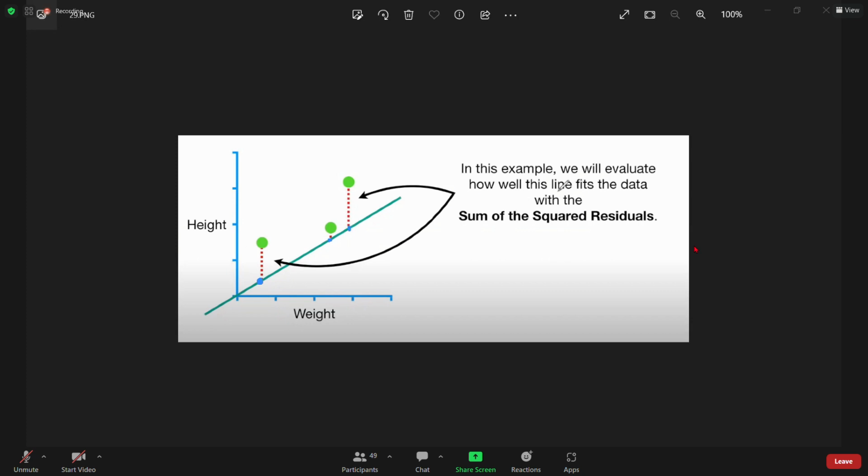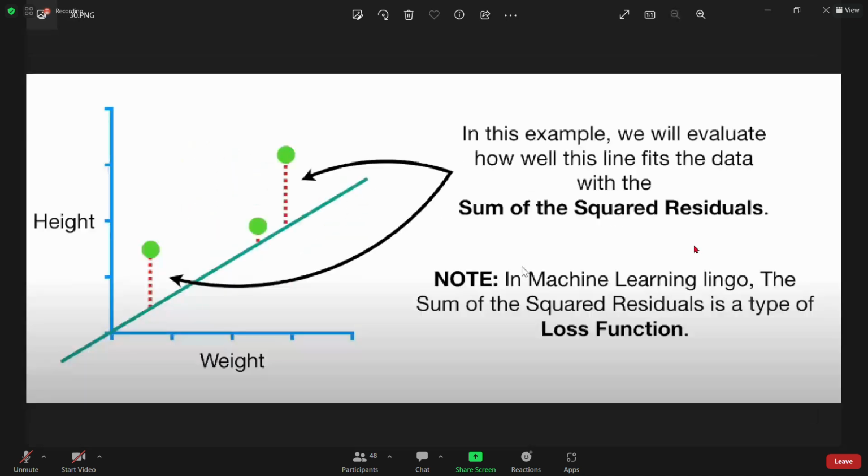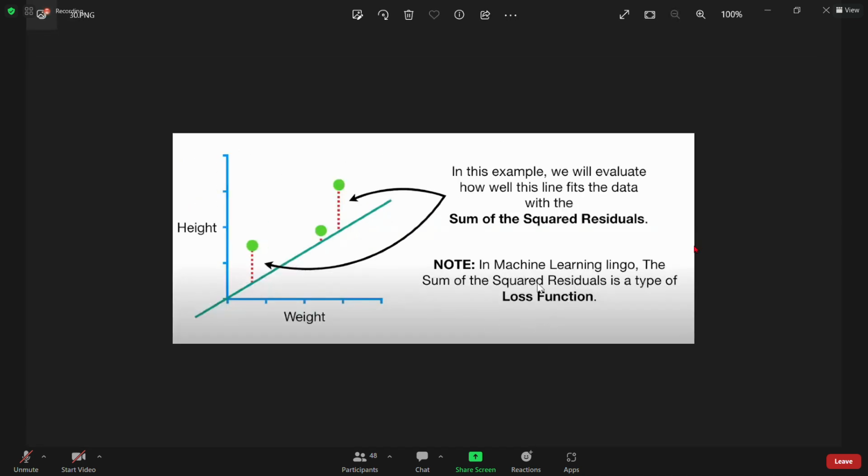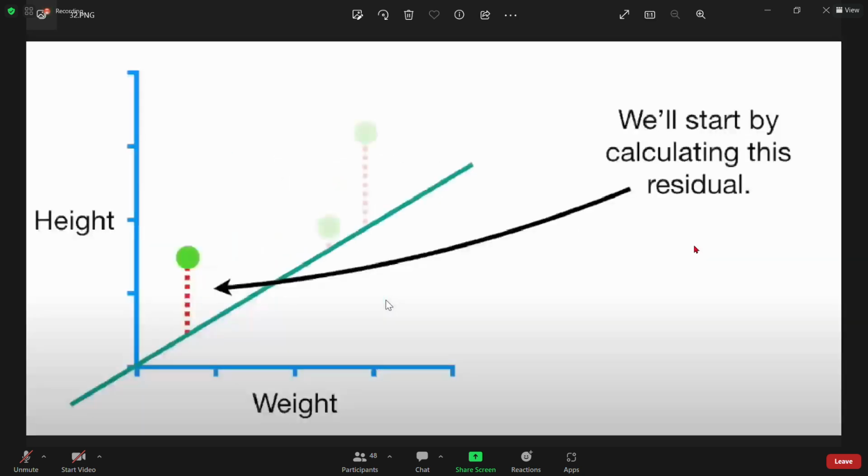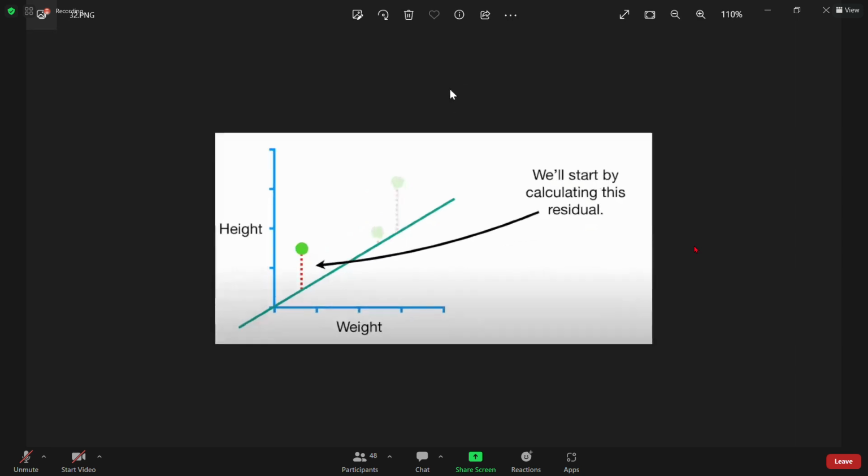In this example, we understand how the line fits the data with the sum of squared residuals. In machine learning lingo, the sum of squared residuals is a type of loss function. Now let's compute one by one. How to compute the difference?